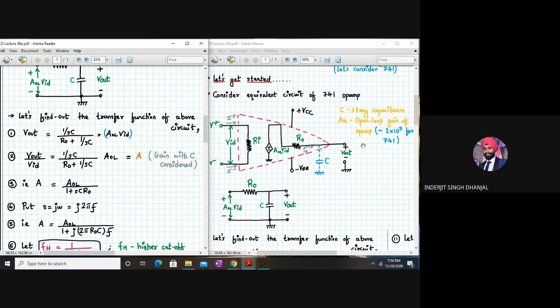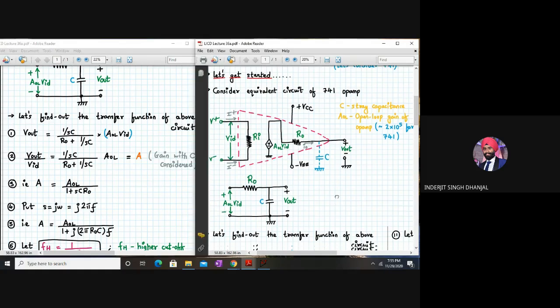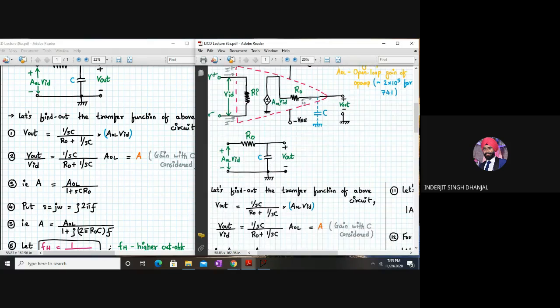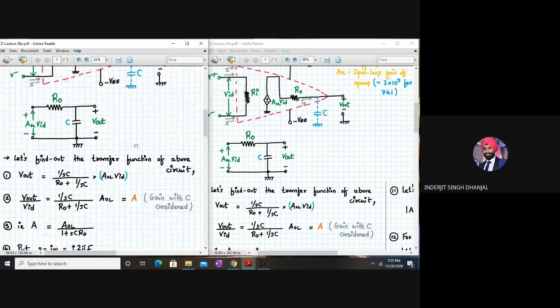And we have considered that at higher frequency, since these components will be connected via a wire, we will have some stray capacitances present. Okay, so C is my stray capacitance. Again, AOL is my open loop gain of the op-amp, which is around 2 into 10 to the power 5 for 741 op-amp. And basically, we will reduce the circuit into this part.